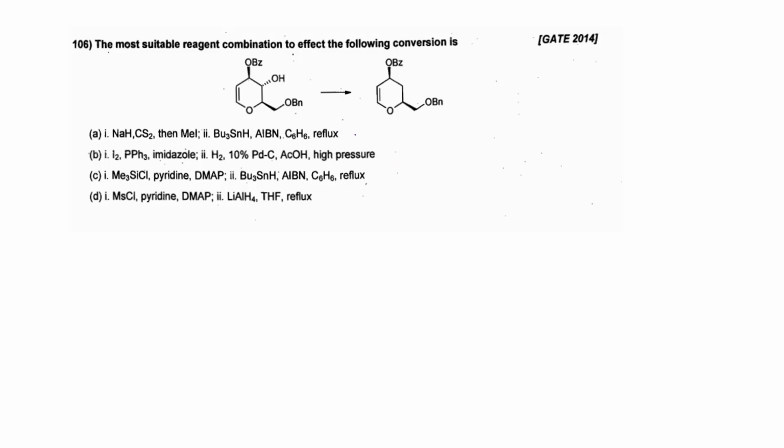So in the first one, what will happen? This will be a thioester, and there is a beta H. It will be eliminated and create a double bond here. And through Bu3SnH, this double bond can be reduced. Next is I2, PPh3, imidazole.